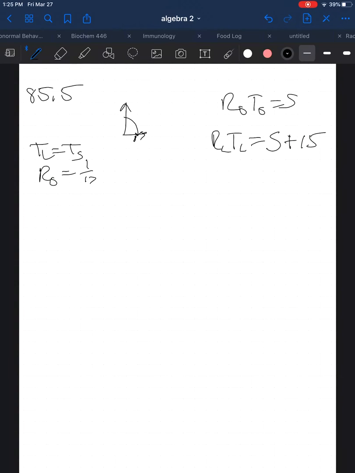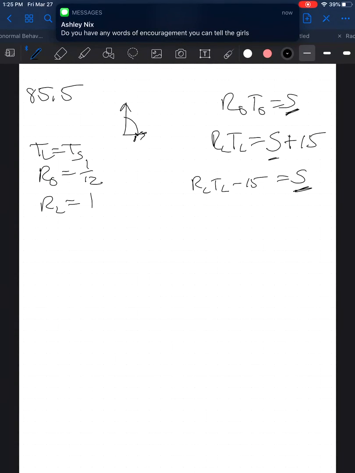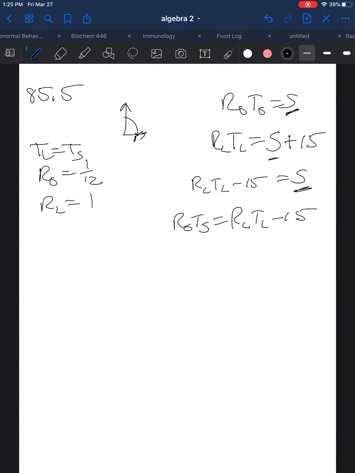RS is 1/12. RL is 1. Solve this for S. Now there's an S and there's an S, so set them equal to each other and plug in what we've got.